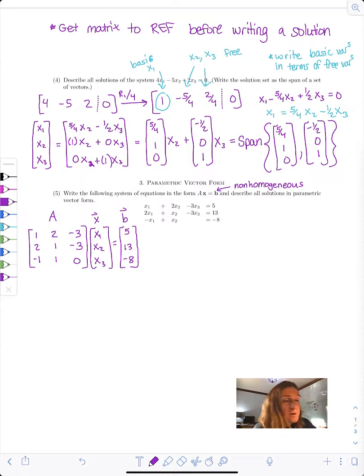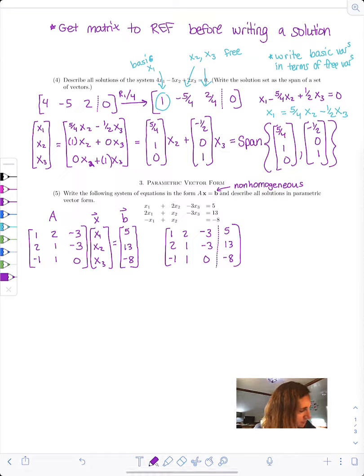Okay, so we want to find our solutions. In order to find solutions, we have to start by reducing to reduced echelon form. So we're going to go ahead and convert this into an augmented matrix. And then we will start our row reduction. So let's make that -1 in the bottom row disappear.